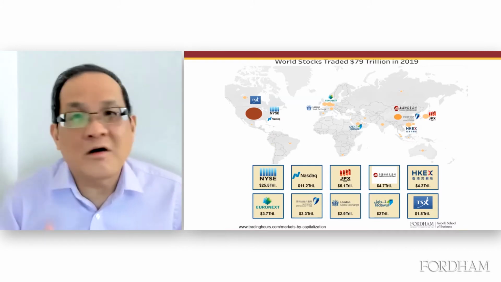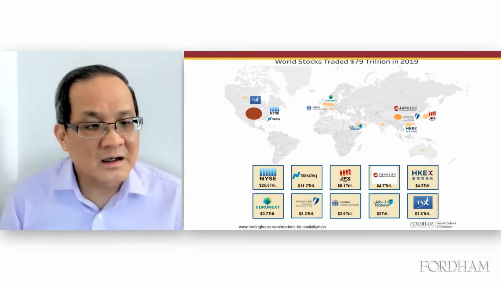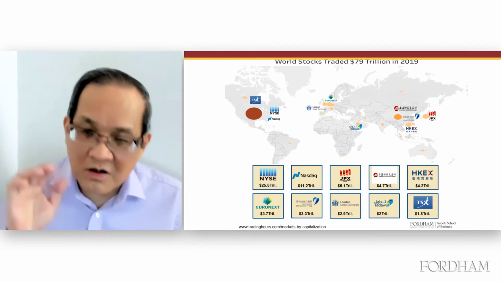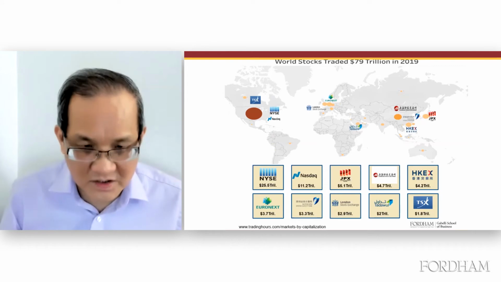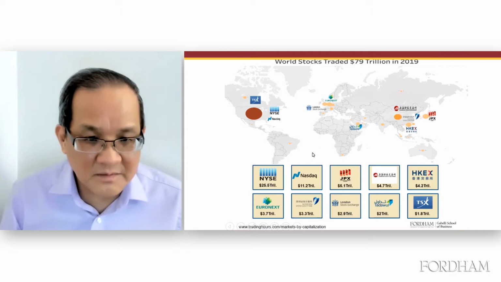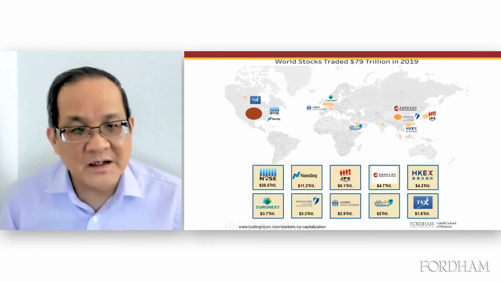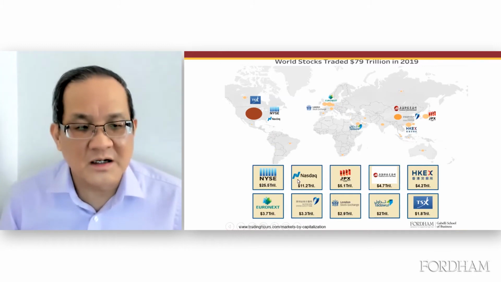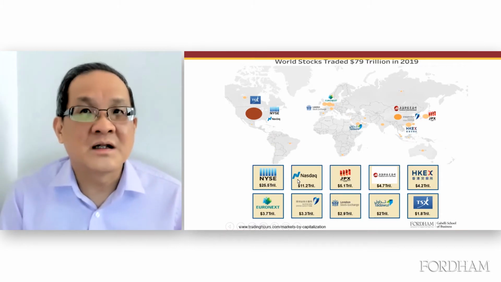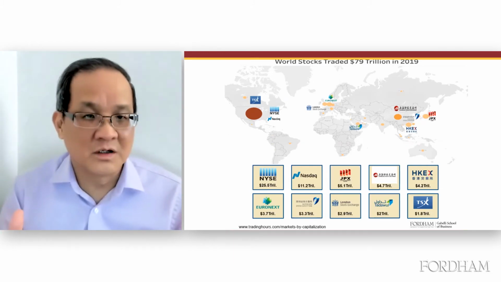Although we often speak about the New York Stock Exchange and the NASDAQ, the numbers would tell you that the NASDAQ is actually a lot smaller than the New York Stock Exchange. It's only $11.2 trillion. So both the American markets, with a total size of $36 trillion, make up about half the valuation of the entire world stock market.